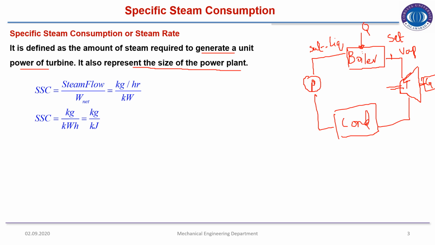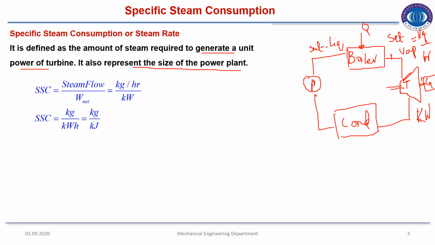So the saturated vapor flowing through the turbine directly relates to the power output through the generator. Let's suppose the power output of the turbine has a unit of kilowatts, whereas the saturated vapor or steam flowing through the turbine has a unit of kg per hour.